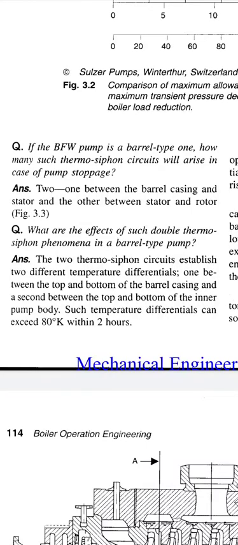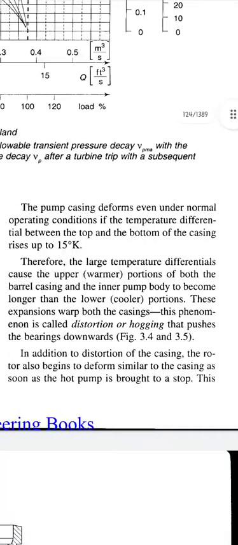Such temperature differentials can exceed 80 degree Kelvin within 2 hours. The top casing deforms even under normal operating conditions if the temperature differential between the top and bottom of the casing rises up to 15 degree Kelvin.